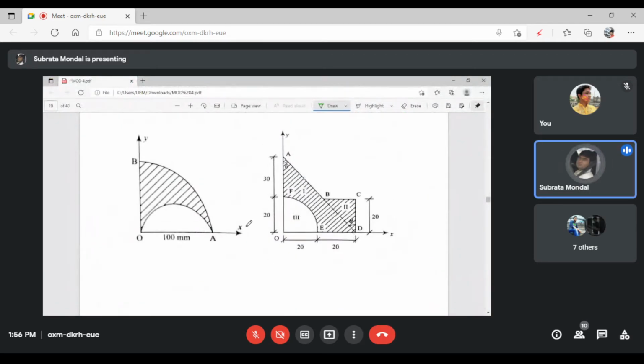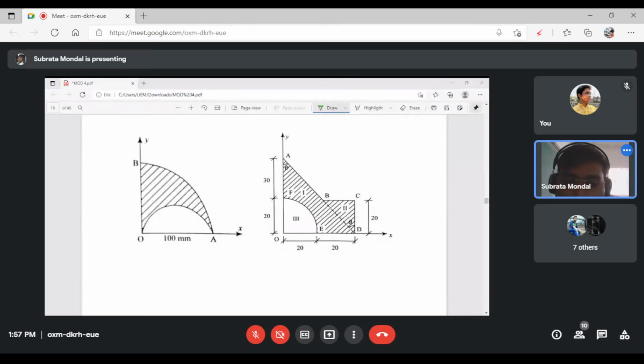Okay, now how to solve this? Think about it and tell me. How can you solve it? See, those are the problems I have discussed in your first year class also.